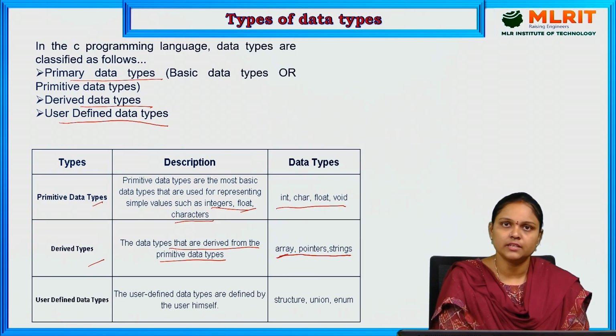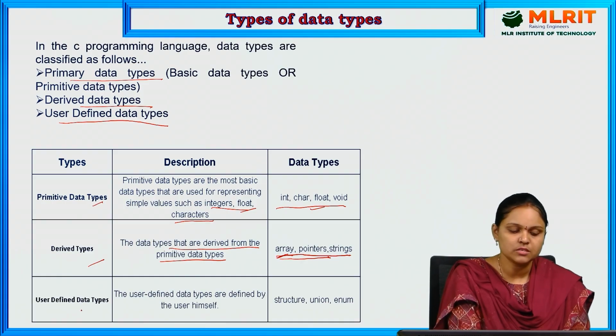Multiple values of the same data type can be contained in an array. Suppose, 5 integer values we can store in an array, 5 character values we can store in an array, 10 float values we can store in an array. So these derived data types are derived from the primitive data types.